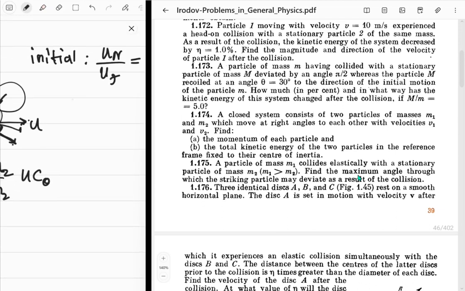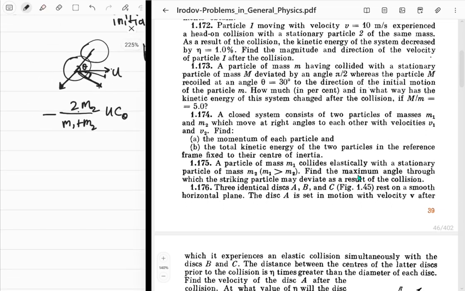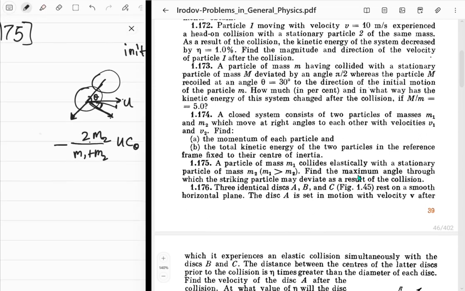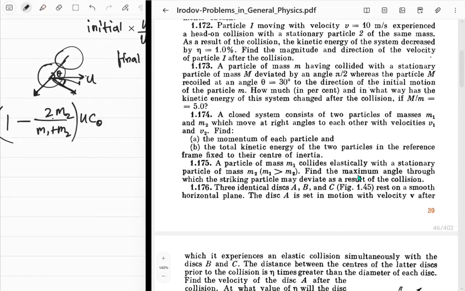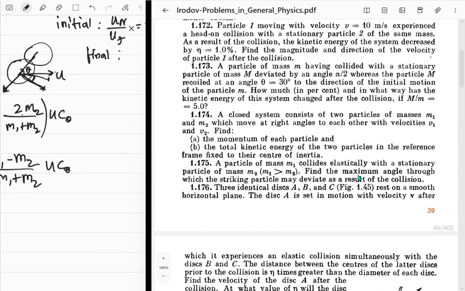And then finally, what's going to happen? That's what we are looking for. So let's figure out what the u normal should really be. The normal component was just u cosine theta anyway, so now it's m1 minus m2 upon m1 plus m2 times u cosine theta, right?